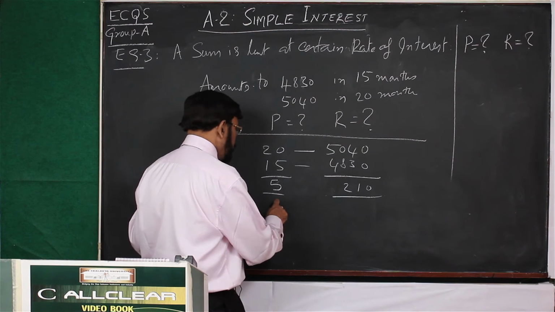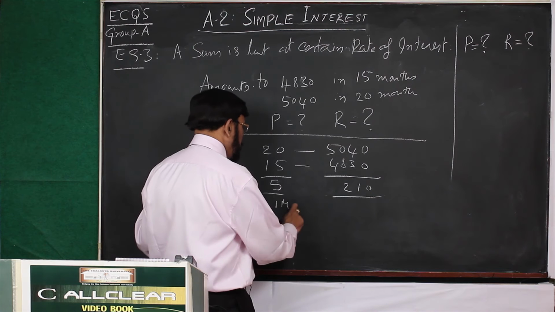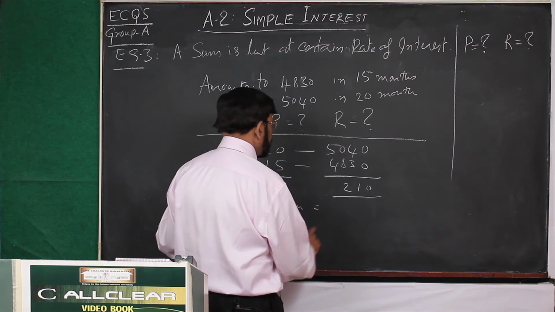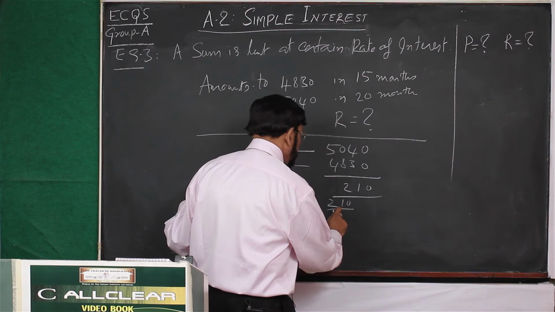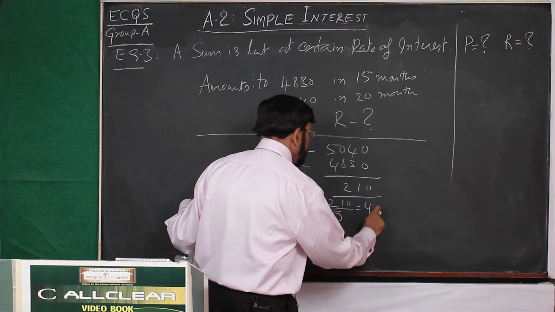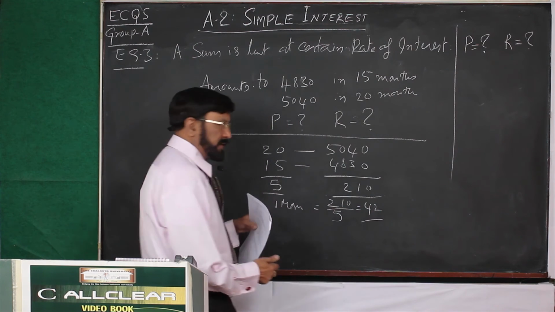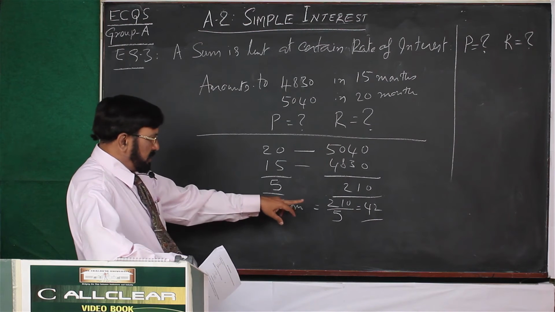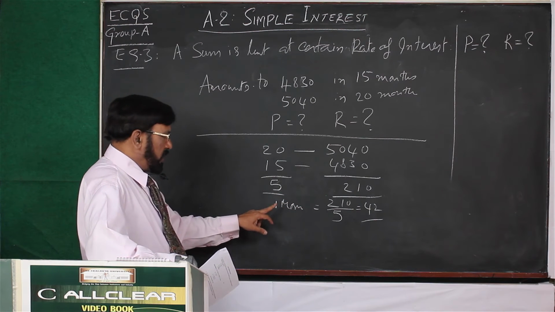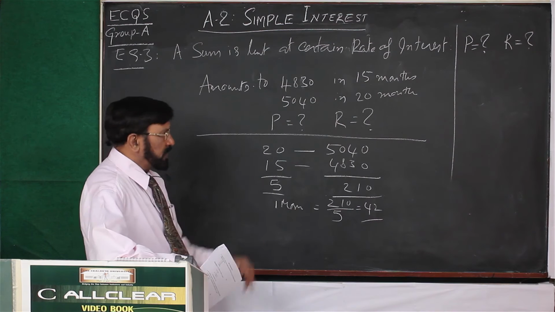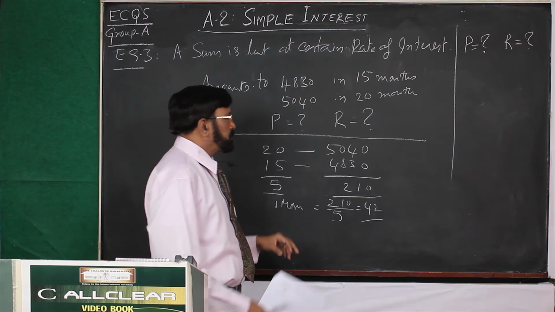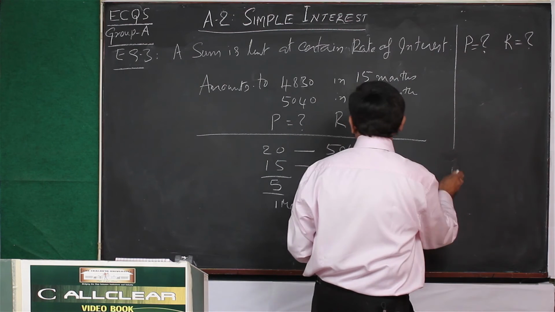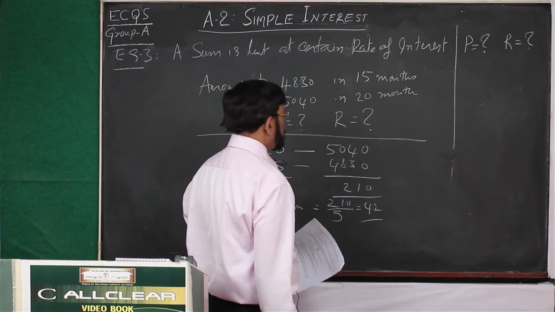For 1 month, how much? 210 by 5, this is 42. So, the interest accrued for 1 month is 42. Now, in order to find out P, let us take this one and substitute.